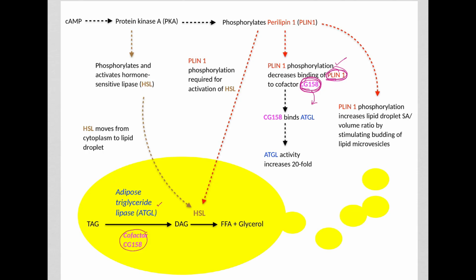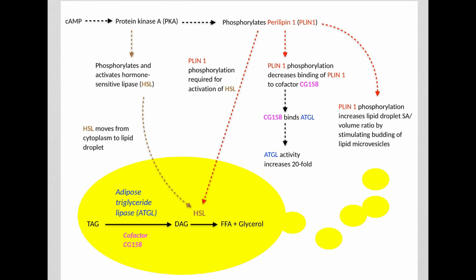It is removed from PLIN1, and now CGI-58 is able to bind and activate the enzyme ATGL. So now the cofactor will be bound to ATGL, and in the presence of this cofactor, the ATGL activity increases tremendously, almost 20-fold. So that is another way by which phosphorylating PLIN1 leads to increased lipolysis.